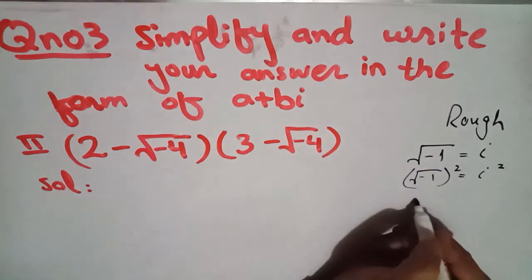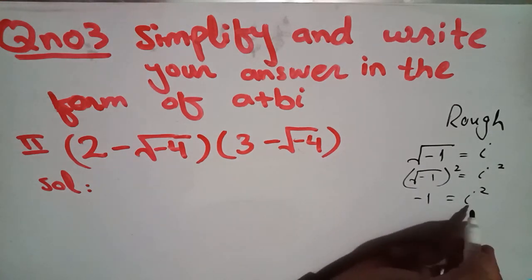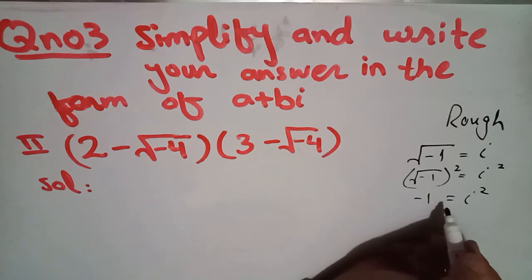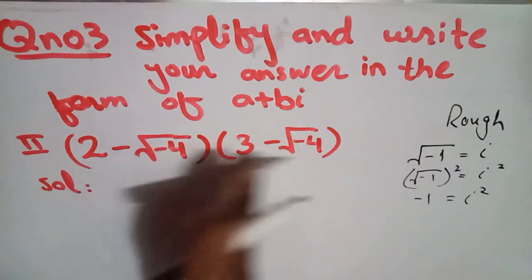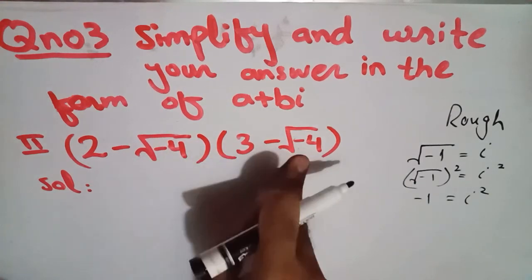When the square will be cut off with this, we will get iota square. So iota square will be got with this, but we have to mention the iota in the place of the minus. So how will we do the step?